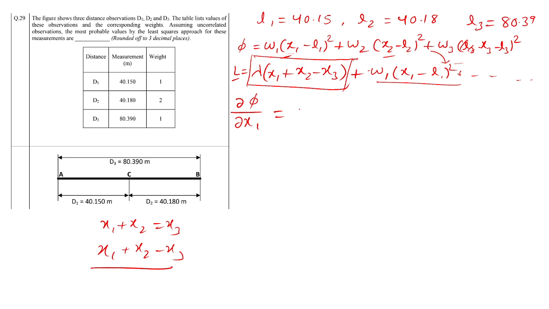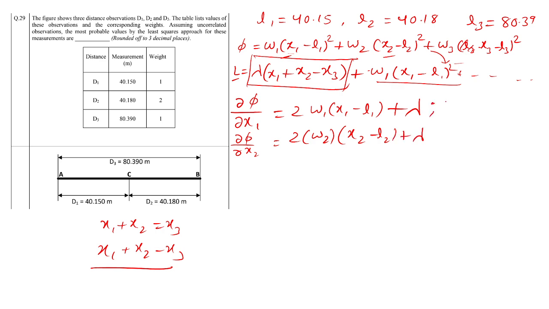So d phi by dx1 will be, taking this differentiation, 2w1 (x1 minus l1) plus lambda. d phi by dx2, similarly, 2w2 (x2 minus l2) plus lambda.